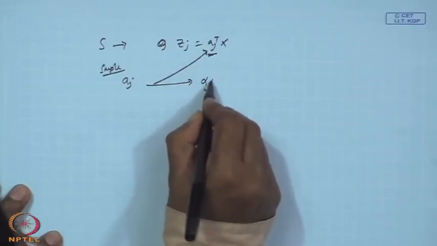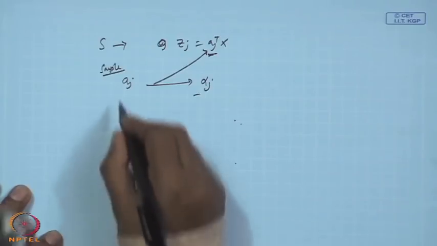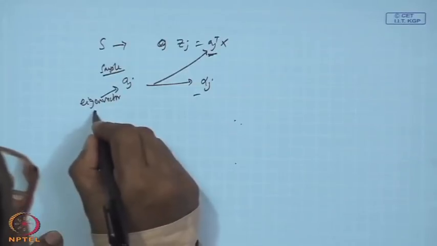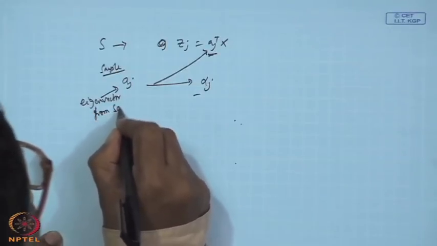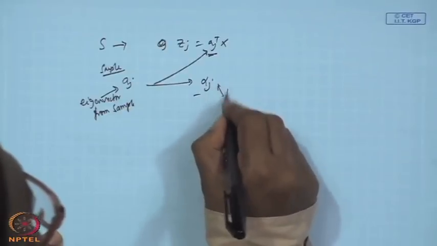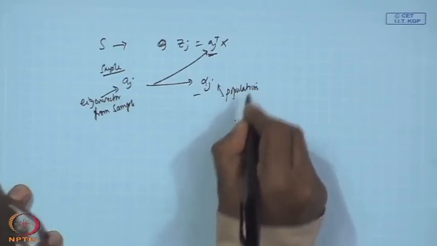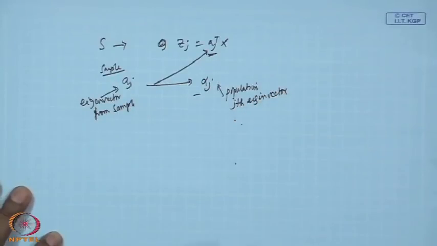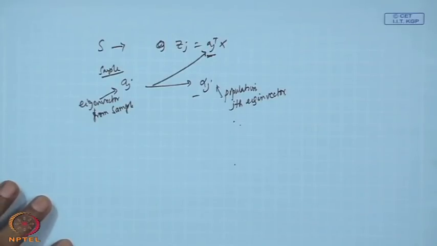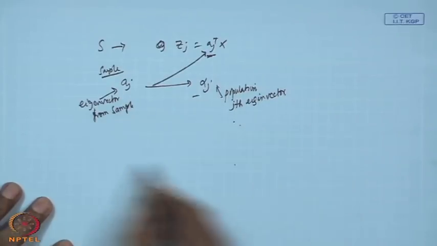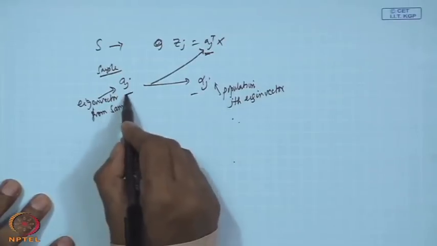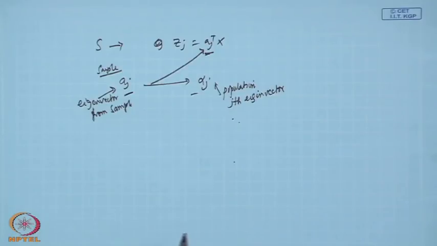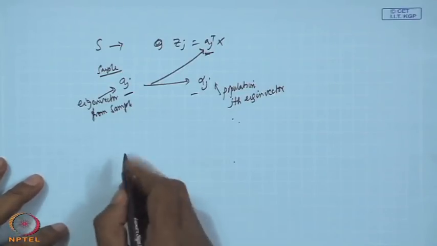Correspondingly in the population, suppose this is the eigenvector from the sample, and this is the population eigenvector, the population jth eigenvector. So similarly there is definitely a distribution possible, but again these are all complicated distributions.